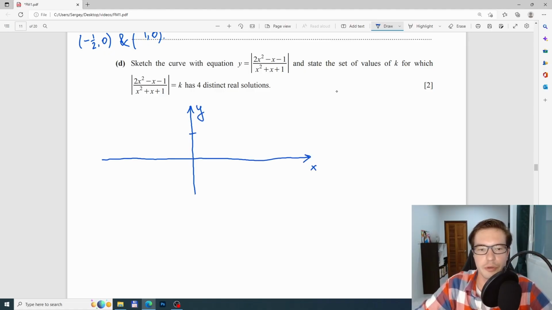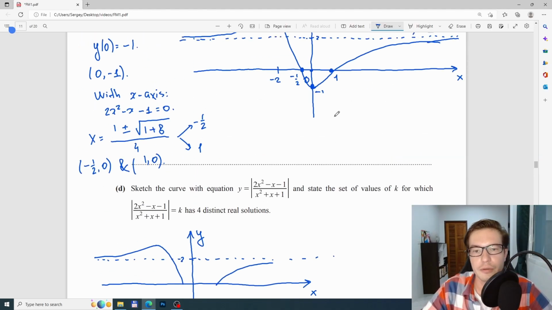X, y, we also need our asymptote, y equals 2. Okay, we got a stationary point there.